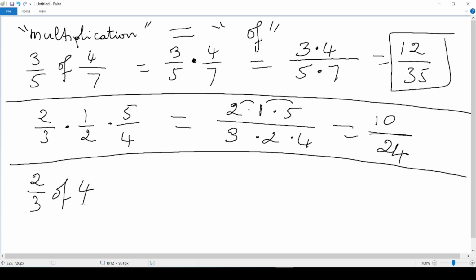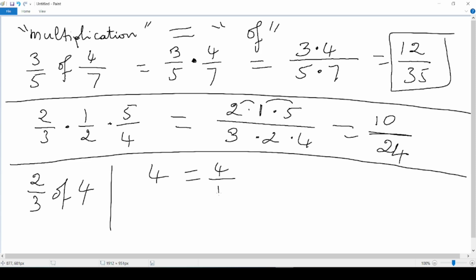Is 4 a fraction? Why are we multiplying 4 by a fraction then? And the answer is yes. Based off what we learned in one of our previous courses, we can write 4 as 4 over 1, right? So 4 and 4 over 1 are the same, and they are fractions.